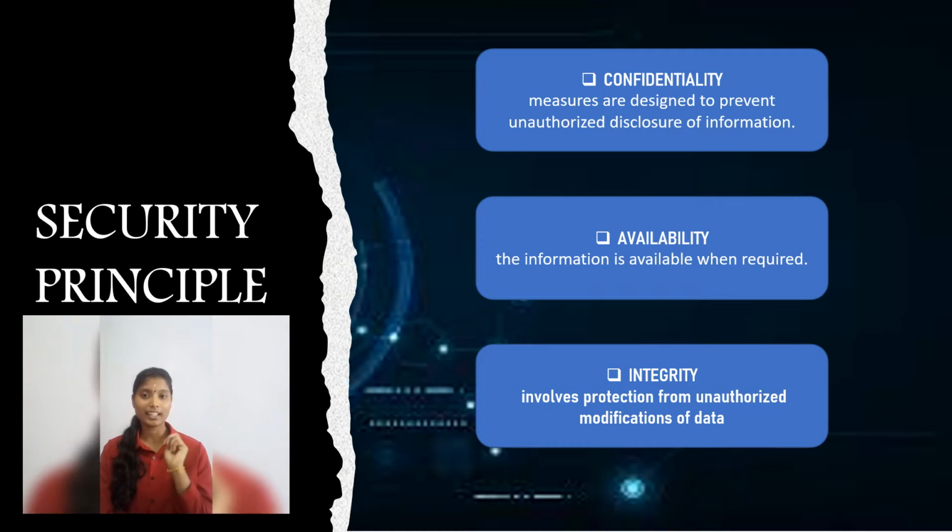Second is availability, which is the protection of the functionality of support systems and ensuring data is fully available at the point in time or period required by its users. The objective of availability is to ensure the data is available to be used when it's needed to make a decision. And the third element is integrity.